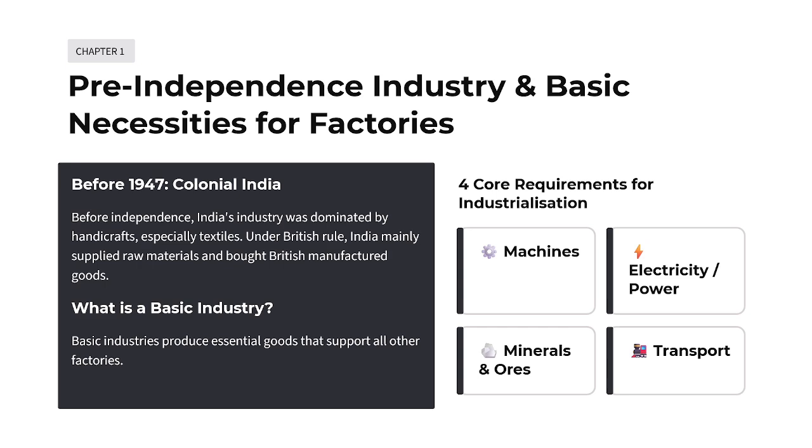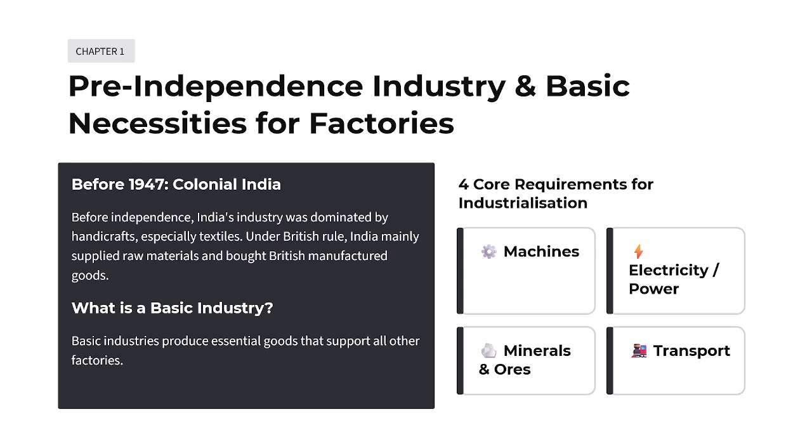Pre-independence industry and basic necessities for factories. As we know, we were ruled by the foreigners, the Britishers. Before independence, India's industry was dominated especially by handicrafts and textiles under British rule.